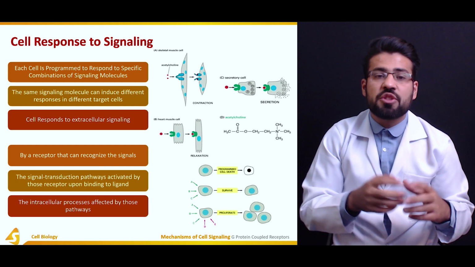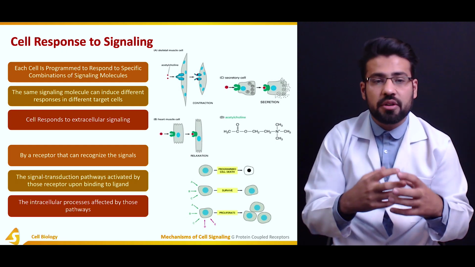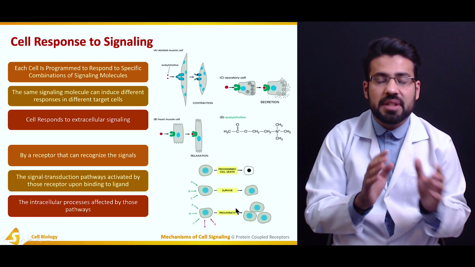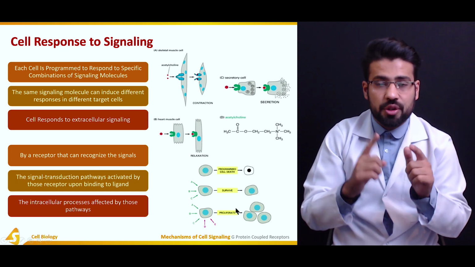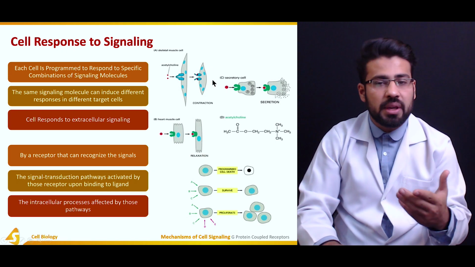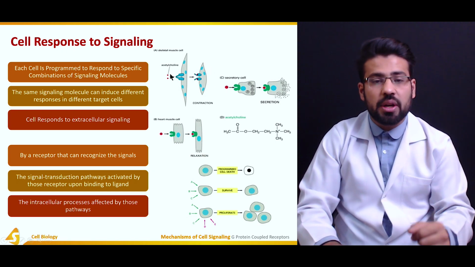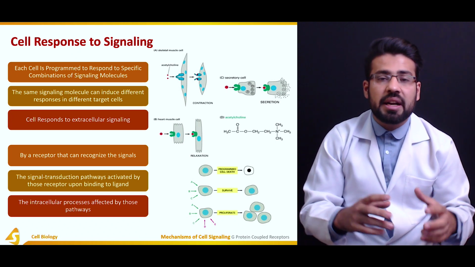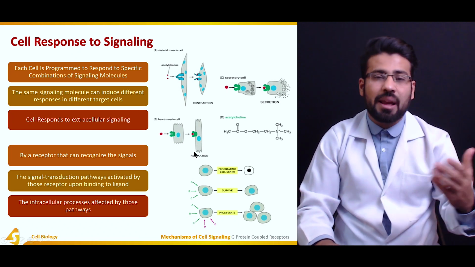Each cell, of course, is programmed to respond to specific combinations of signal molecules. In this figure, you can see the same signaling molecule can induce different responses in different target cells, as we have seen with the example of acetylcholine. The cell responds to the extracellular signaling that we established in the previous section.